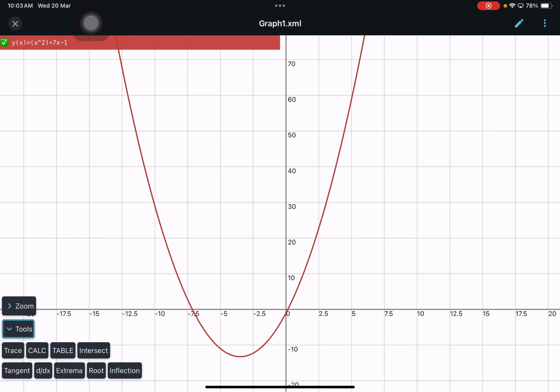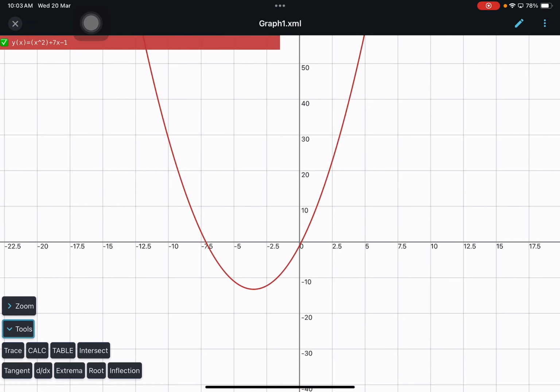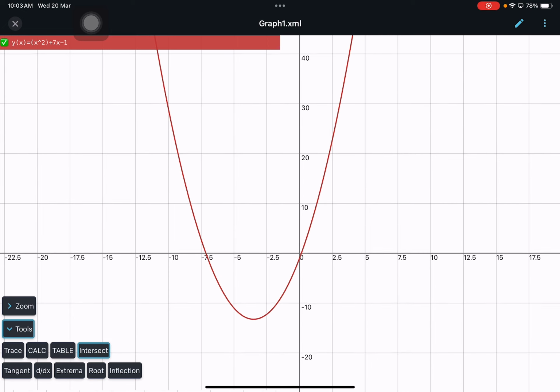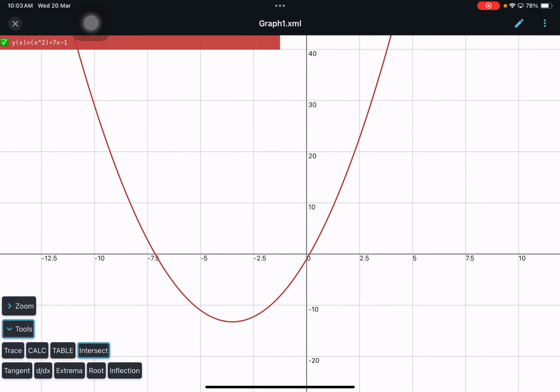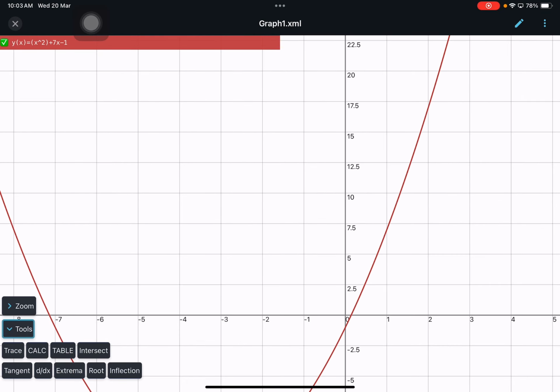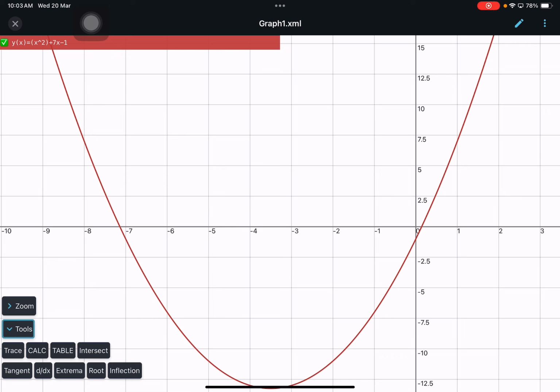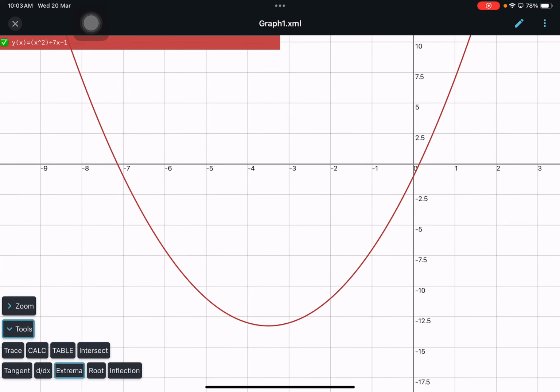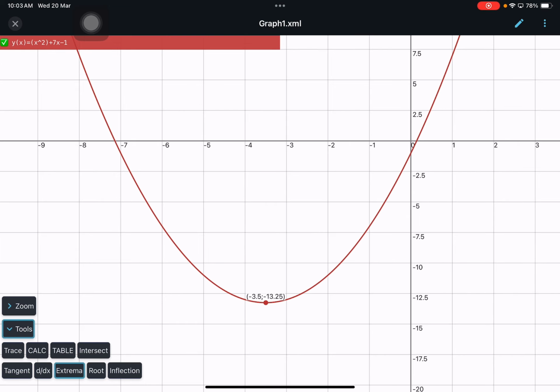Guys, if you scan your graph, this is like our graph. Put intercept here. Not a nice number. Our minimum point is negative 3.5, negative 13.25.